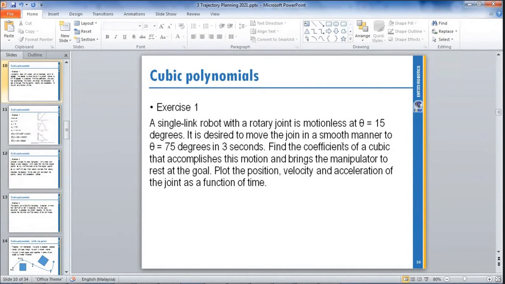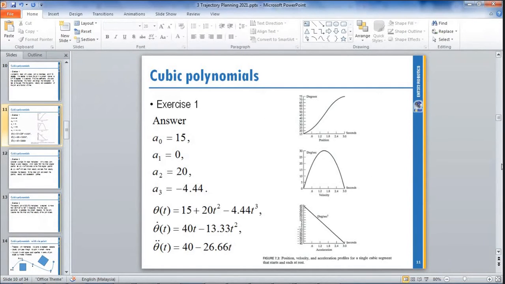Find the coefficients of the cubic that accomplish this motion and bring the manipulator to rest at the goal. So you need to plot the position, velocity, and acceleration of the joint as a function of time. Okay, I need to draw.